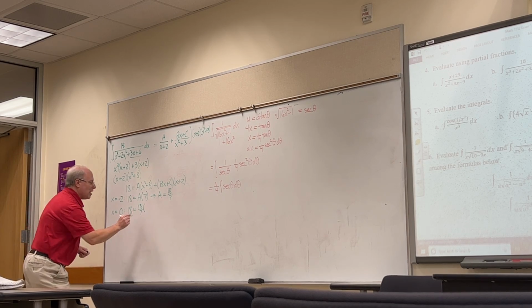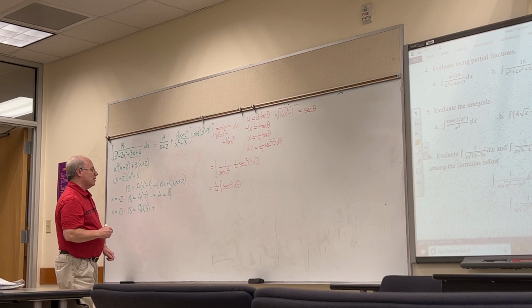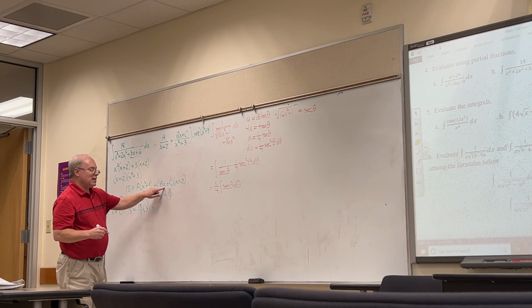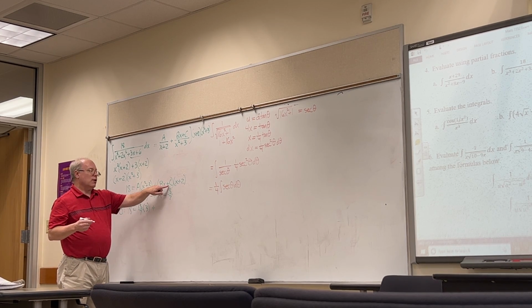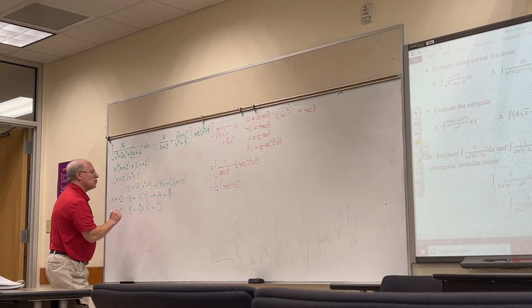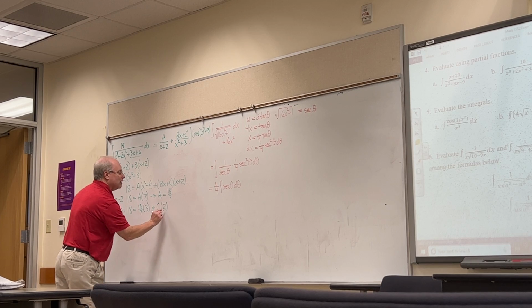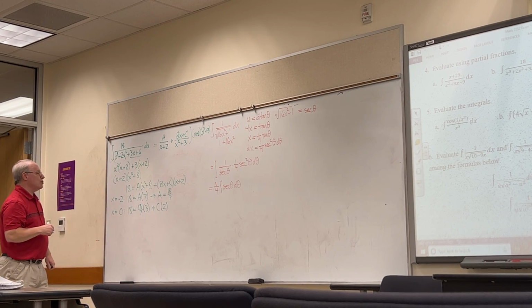It's 3. So we've got 18 sevenths times 3 plus, well, B times 0 is 0, but we're still going to have the C. So we have plus C times what? Times 2, right? 0 plus 2 would give us 2.